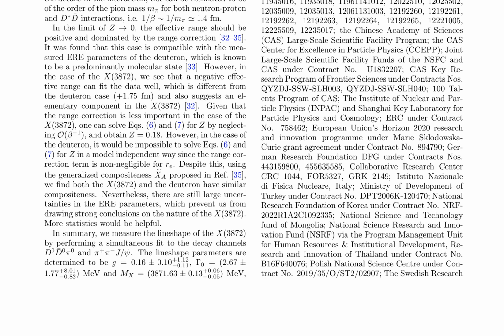The full width at half maximum, FWHM, of the line shape is 0.44 with asymmetric uncertainties in MeV.